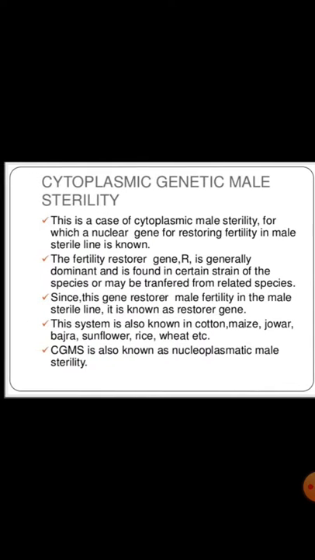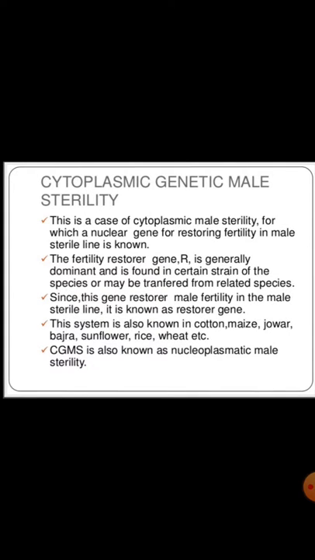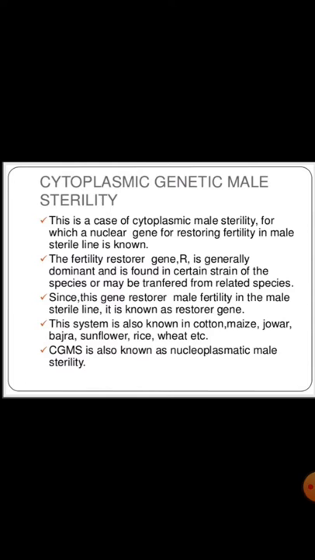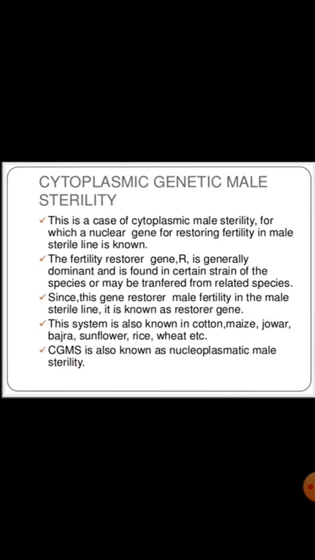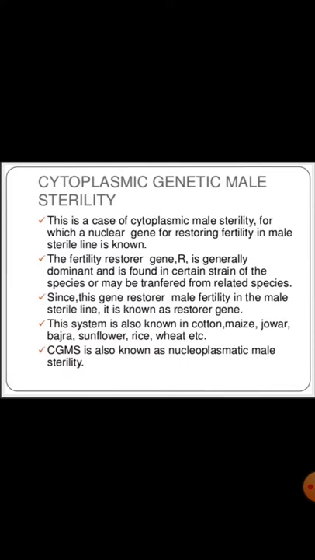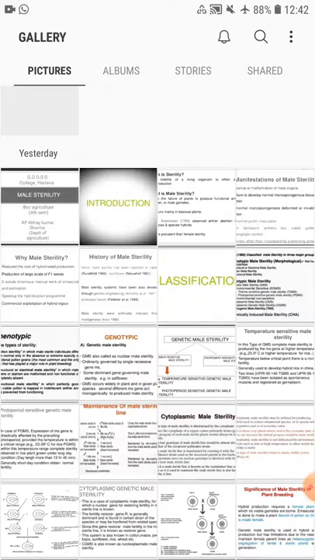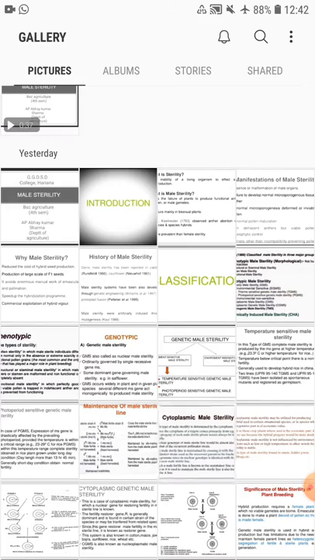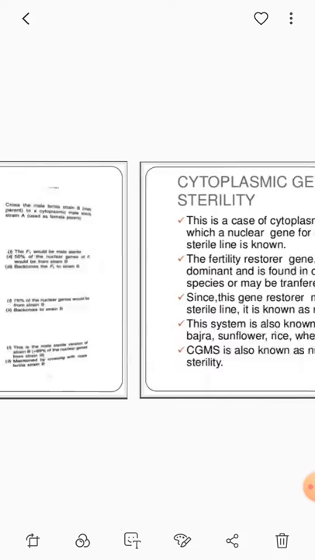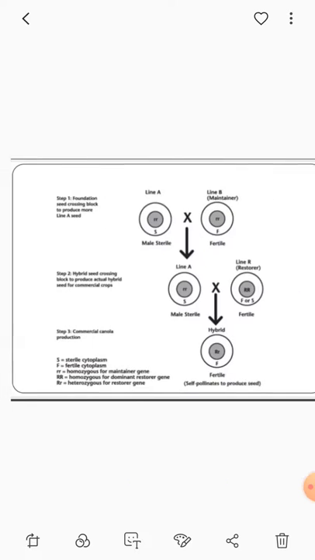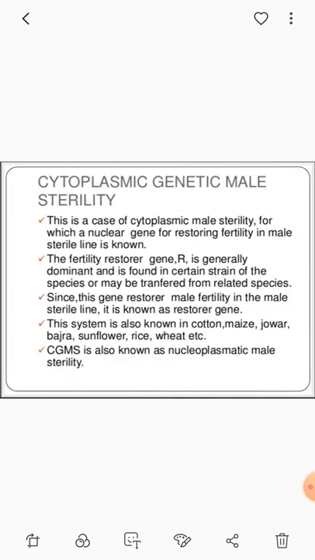So, I think you got my point: the nuclear gene restores the fertility, but in the cytoplasm we cross it with the restorer gene, which is dominant over the recessive gene, and which transfers the male sterile line into the male fertile line.